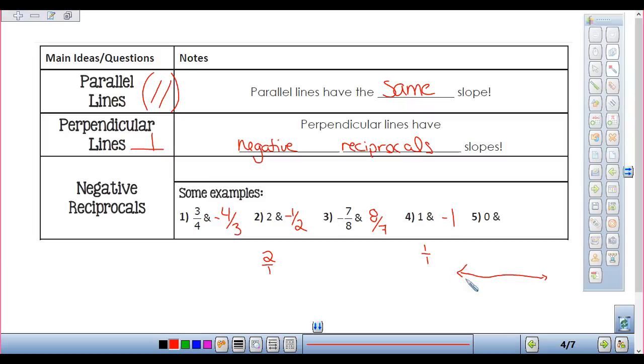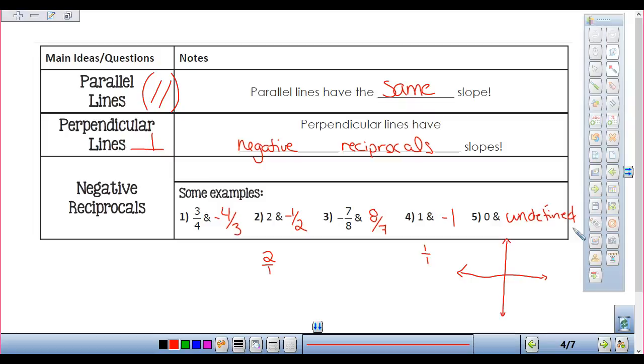What would make it perpendicular? What does it mean to be perpendicular? They form a, well, but what kind of an angle? A 90-degree angle or a right angle. So in order to form a right angle, this is going to have to be a vertical line. What's the slope of my vertical line? Undefined. So the opposite reciprocal of 0 is undefined.